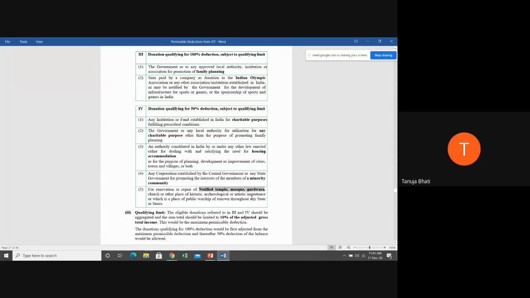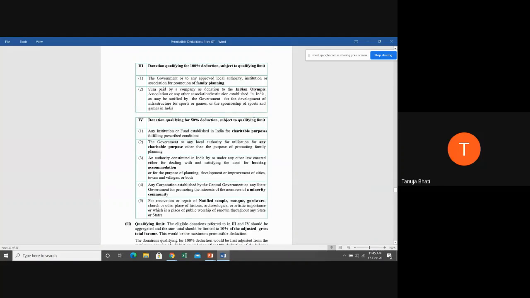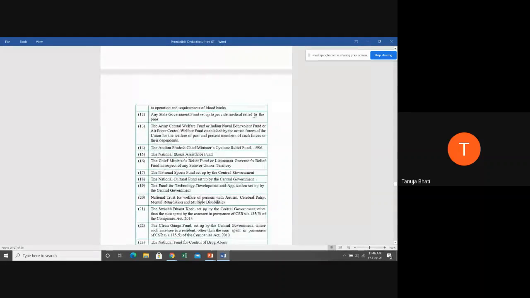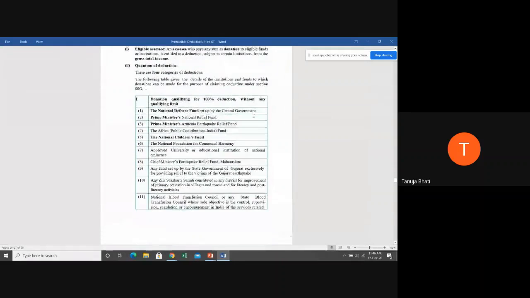So when any donation is made for charitable purpose, or for housing accommodation, minority community or temple, mosque, gurudwara, then you have to remember that it comes under the 50% deduction category but with a qualifying limit. And for the rest, if any other donation is mentioned in the problem, then you have to put it in the first category, that is, donation qualifying for 100% deduction without any qualifying limit.